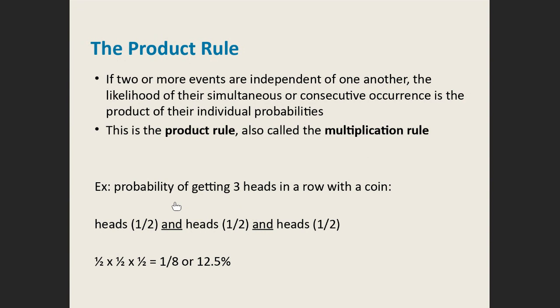If you have one event and another event, the probability of both events occurring is calculated by multiplying the probability of each event. For example, the probability of having 3 heads in a row with a coin, each event being 1/2, is 1/2 times 1/2 times 1/2, which is 12.5%. So this is fairly simple.